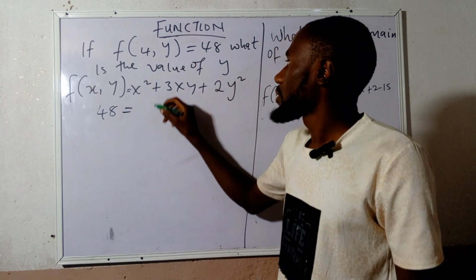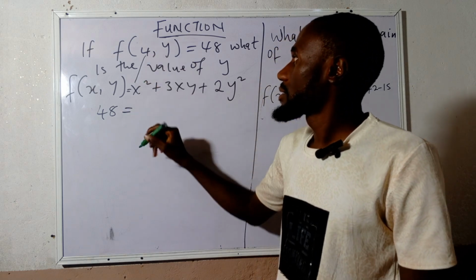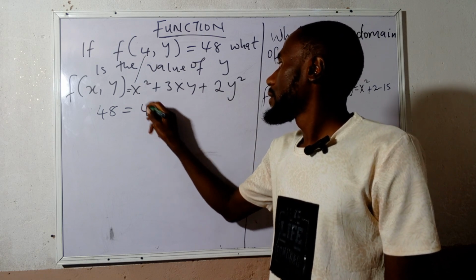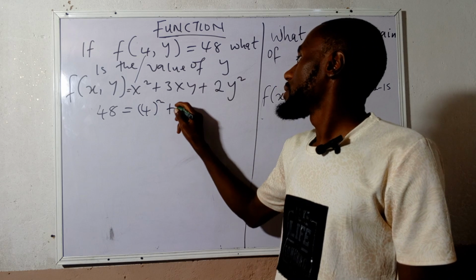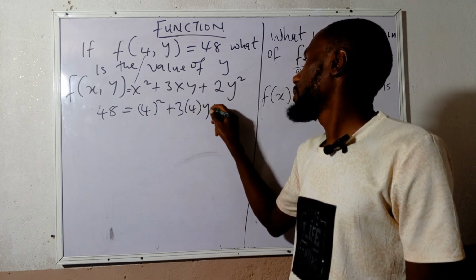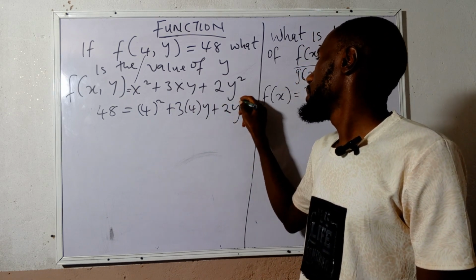we are going to replace x with 4 directly, and we have 4 squared plus 3 into 4y plus 2y squared.